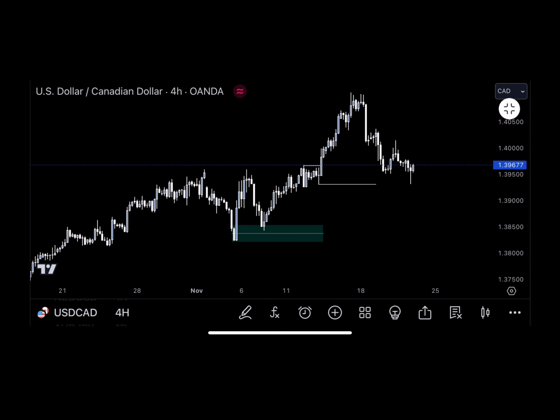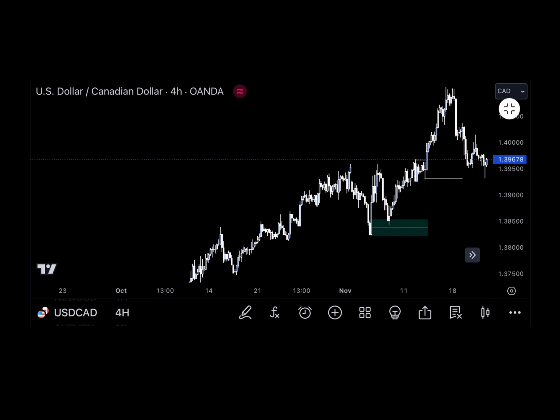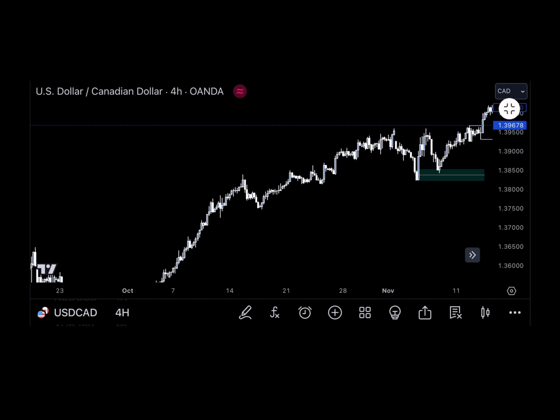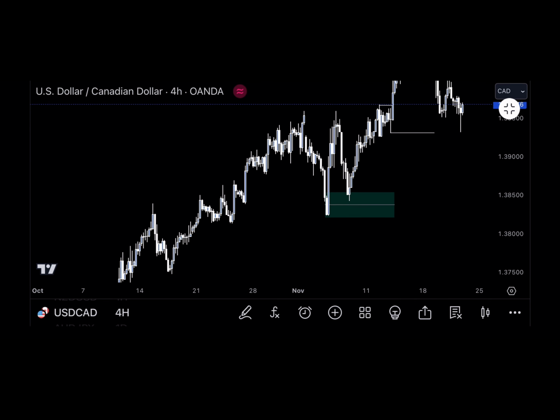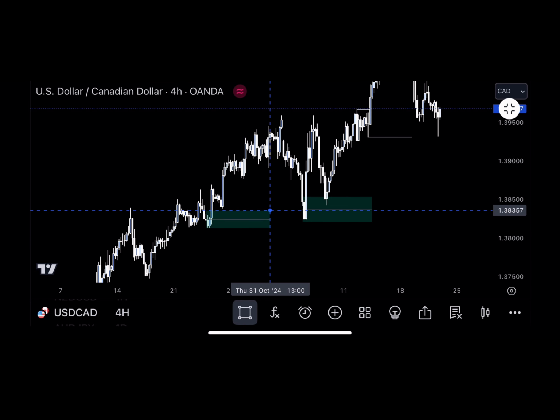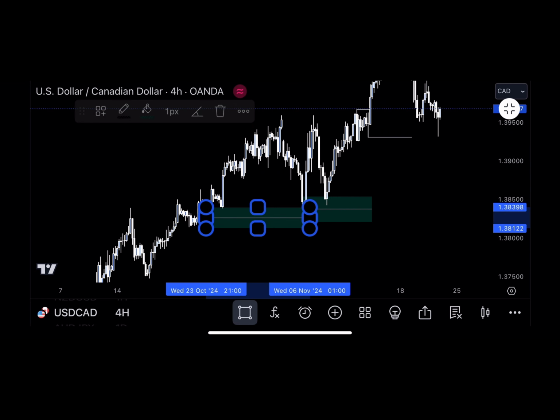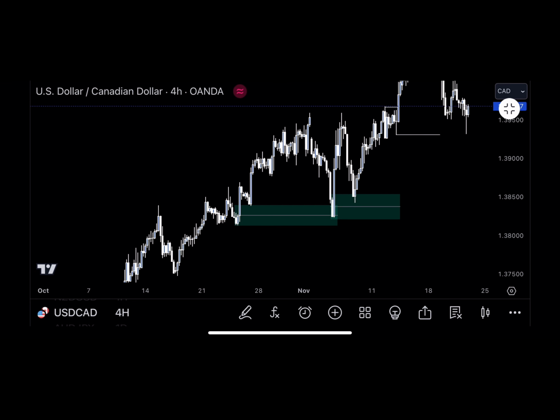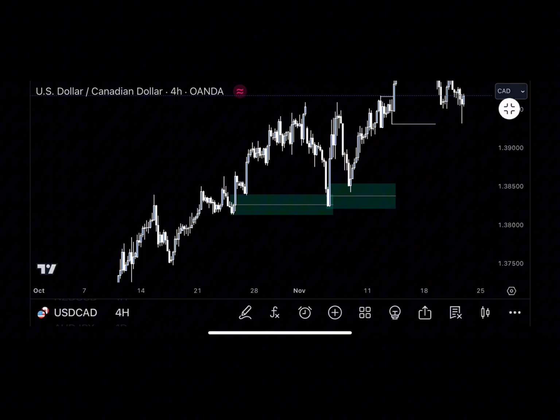Here you can see a clear demand zone. Market tapped in and went up with no hesitation. We can see a lot of clear demand zones. Look at this one here. Market tapped in ASAP and went up with no hesitation. A lot of them.